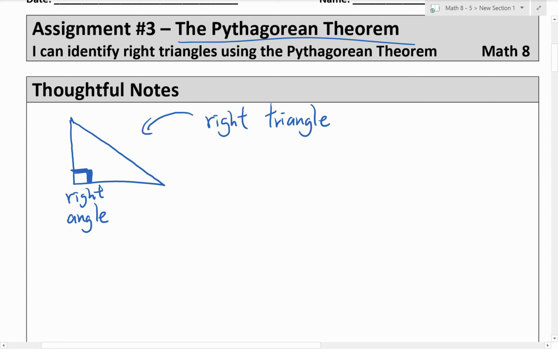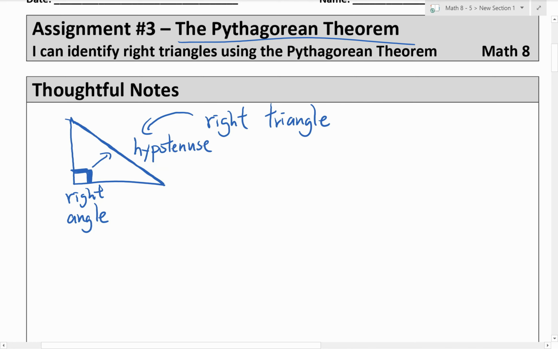Now, a triangle consists of three sides, and they do have names. This longest side, which is opposite from the 90-degree angle, is what we call the hypotenuse.